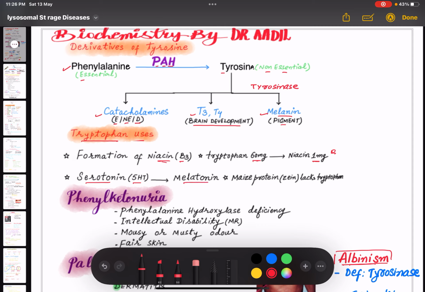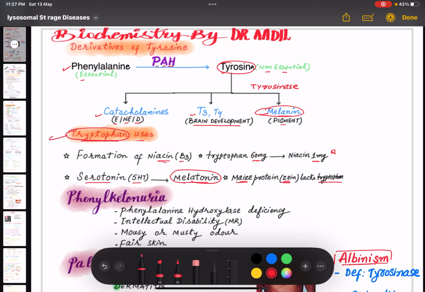Okay, remember in maize there is a protein known as zein protein. That zein protein lacks tryptophan. In exam you will get a question that melanin is formed from tyrosine, and melatonin is formed from serotonin, but if serotonin is not in the options and tryptophan is given, mark tryptophan.